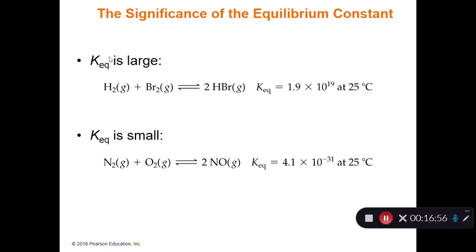Look here, the equilibrium constant. If we calculate this at 25 degrees Celsius, you may find this number is too large, or you may calculate one that is too small. So we are going to interpret what the meaning of a large or small equilibrium constant is.